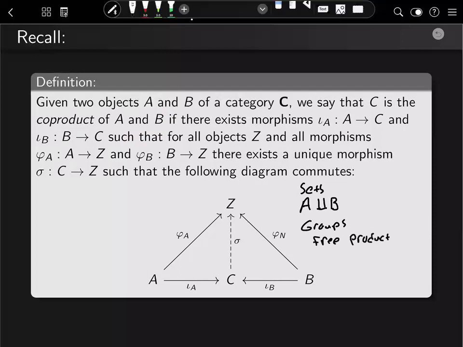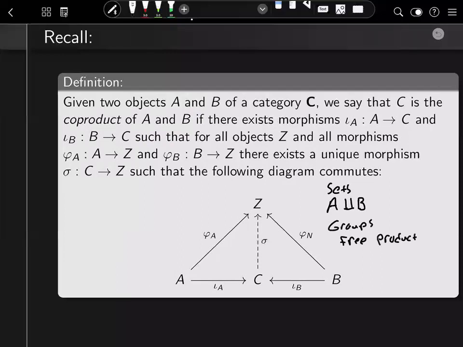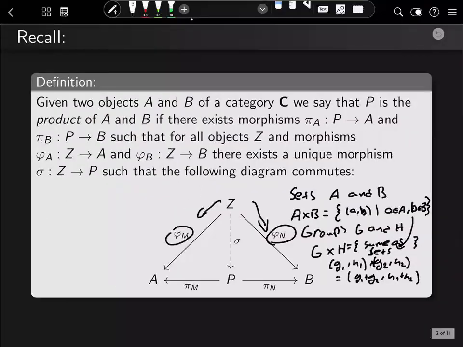Now, in groups, the product has a simple definition: the Cartesian product, enriched with component-wise addition, satisfies the categorical definition of products.